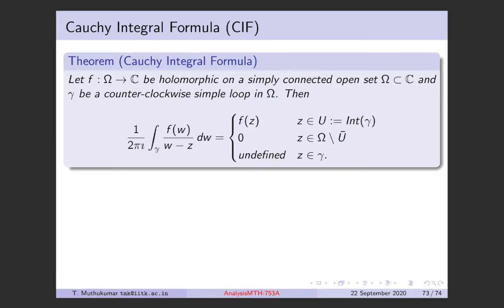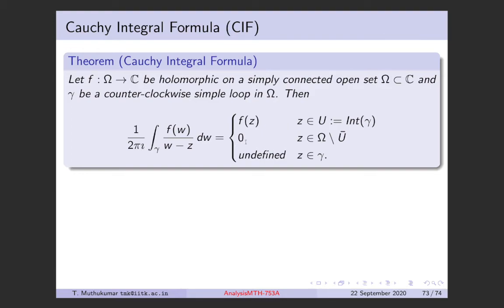This is something similar to what we had already seen when we connected holomorphic functions to harmonic functions, and I had made a statement there about the mean value property of harmonic functions and so on. The knowledge of f on the curve gives you all the values of f in the interior of the curve.